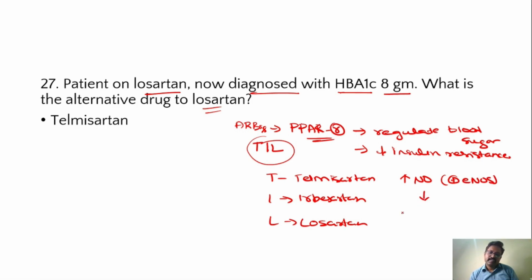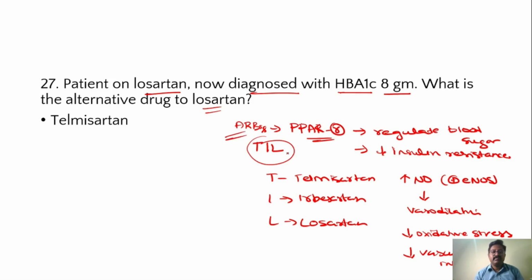Thereby there will be an increase in vasodilation, and it also reduces the oxidative stress and the vascular inflammation. So these are the advantages of giving ARBs in diabetic individuals. So if losartan has to be changed, you can go with telmisartan.